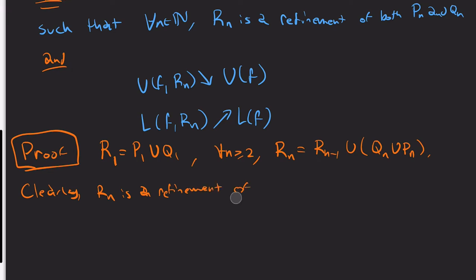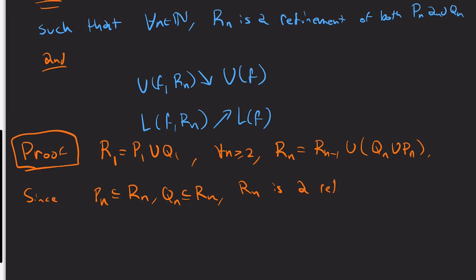Since Pn is contained in Rn, Rn is a refinement of Pn, and since Qn is contained in Rn, Rn is a refinement of Pn and Qn.